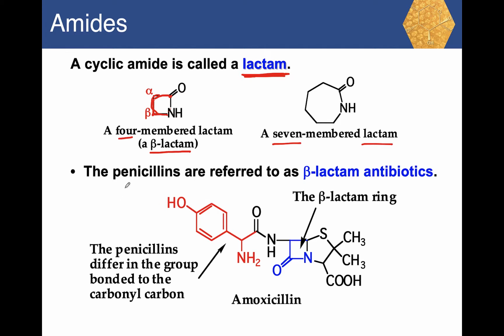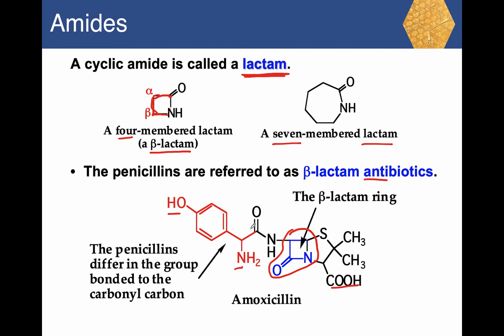So here's a penicillin, which of course is known as an antibiotic. Here is the lactam ring. That's a part of it. Here are some other functionalities that you have seen before: carboxylic acid, for example, OH and amine, and so on.